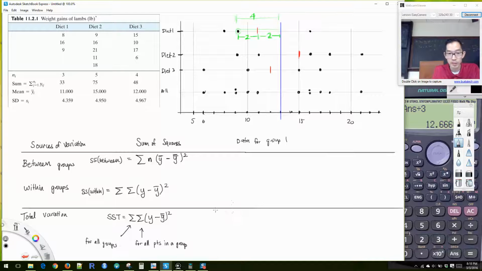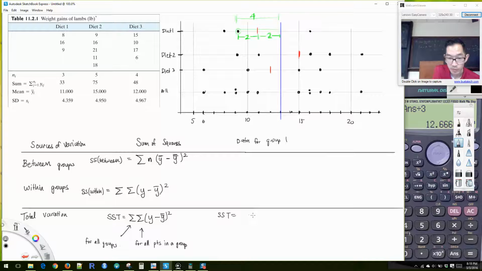Okay, so let's look at the total variation for group 1. The sum of squares that group 1 contributes to the total variation: we look at each data point, 8, 16, and 9, and we look at the grand mean of 13.